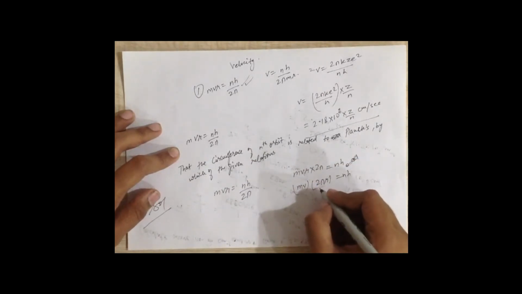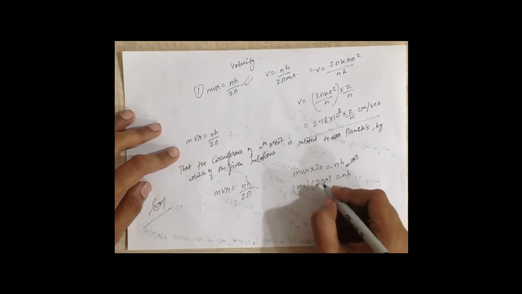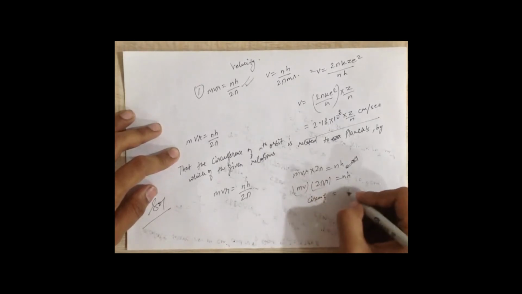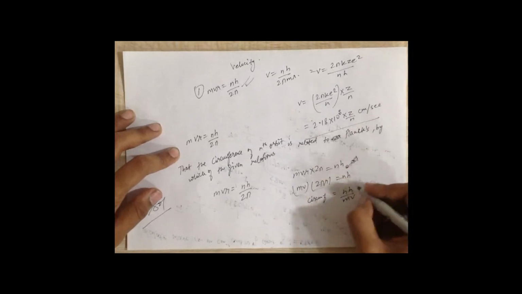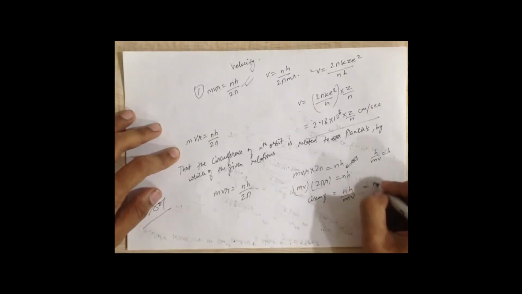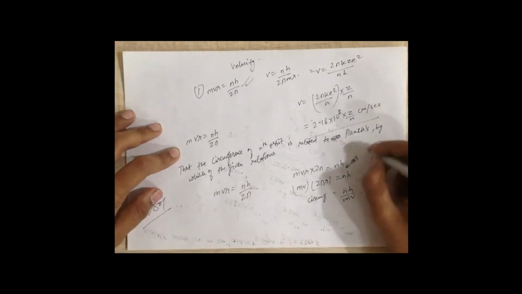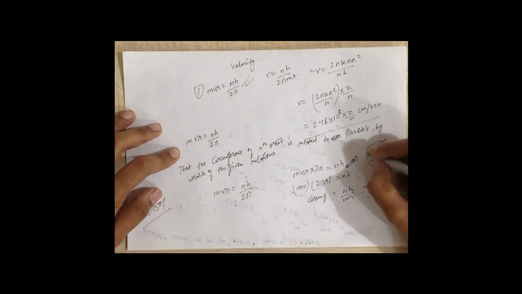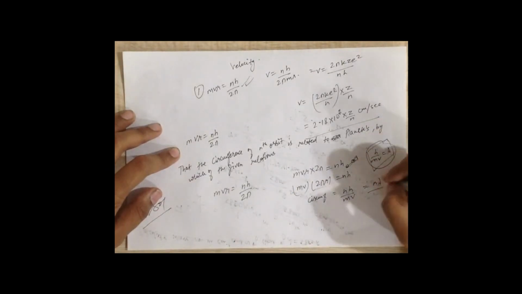So 2 pi r is the perimeter, or the circumference of the nth orbit. So circumference is equal to nh upon mv. Now you will study this later, that h upon mv is equal to wavelength. So this comes out to be n lambda. I will tell you this relation later on, that h upon mv is equal to lambda. Till then you need to remember this.